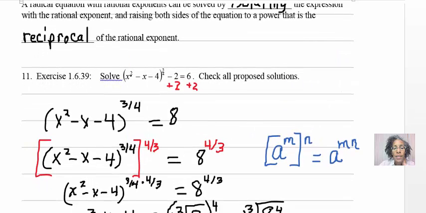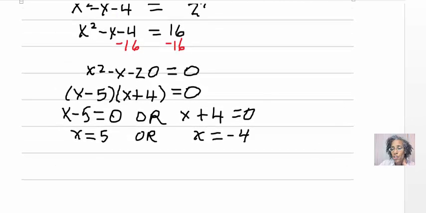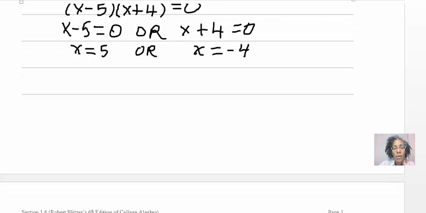And remember, that was x squared minus x minus 4 to the 3/4 minus 2 equals 6. So let's check x equal 5. So 5 squared is 25, minus 5, minus x is minus 5, minus 4.